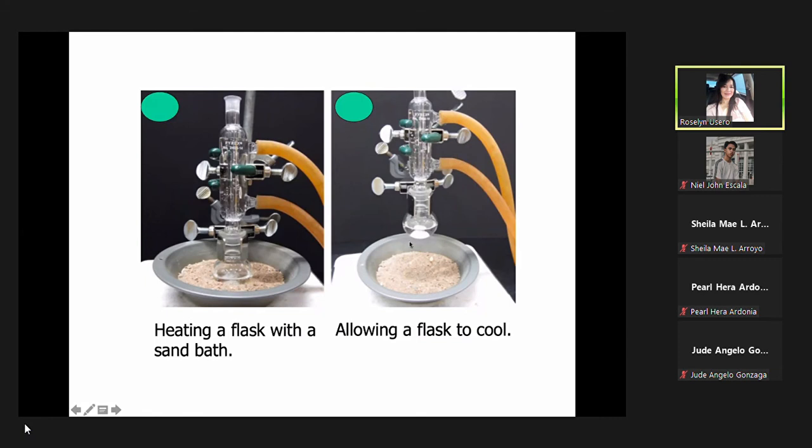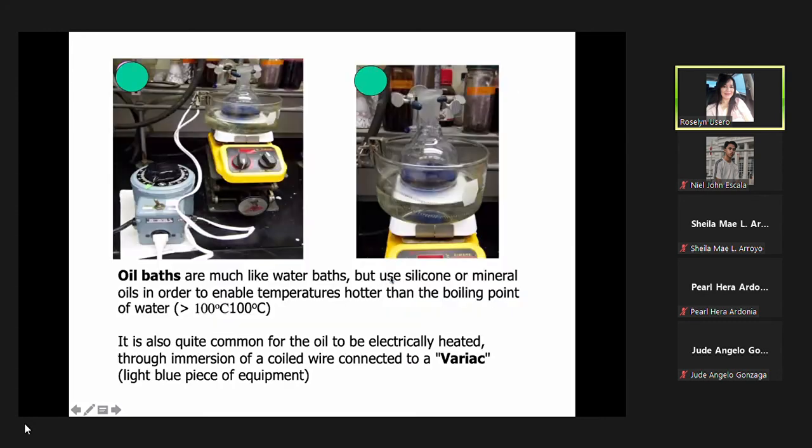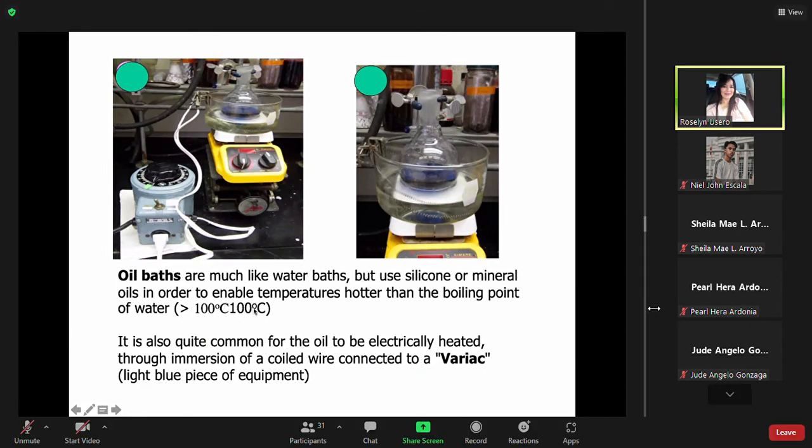Then, you just lift up the flask when you allow it to cool. Oil baths are like water baths but use silicone or mineral oil in order to enable temperatures hotter than the boiling point of water, so greater than 100 degrees Celsius.